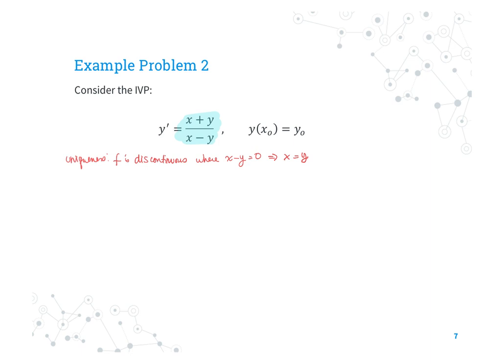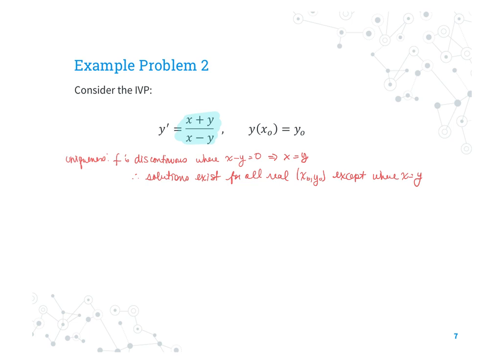So in this case, we would say that therefore solutions exist for all real x naught, y naught, except where x equals y.